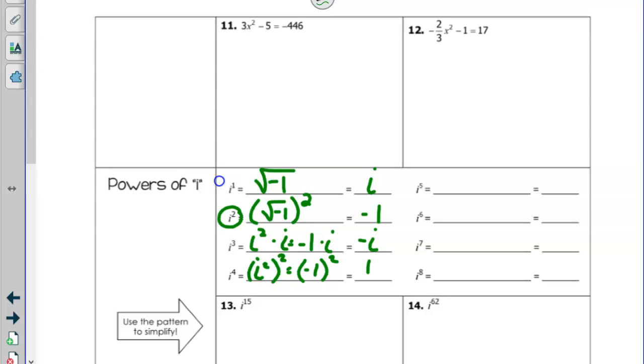What can I make i to the 5th? How can I break that down? There's a couple ways we can do it. You do i squared times i. We could, but then we'd have to break it down further. If we went back first, we could break it down to i to the 4th, right? So what is i to the 4th equal? 1.